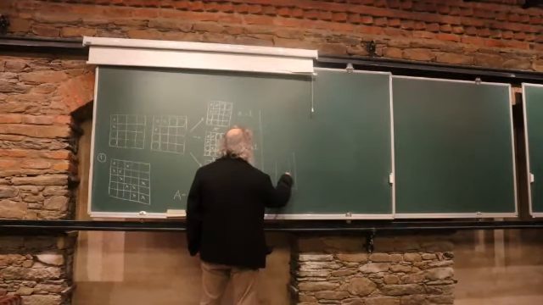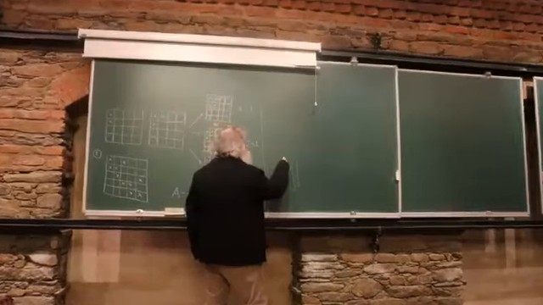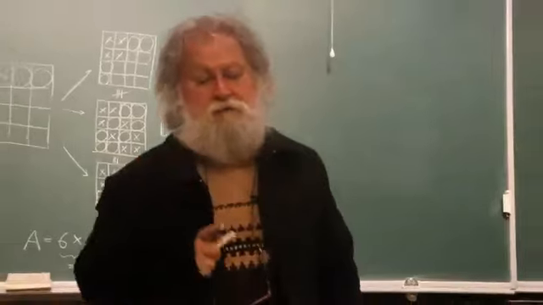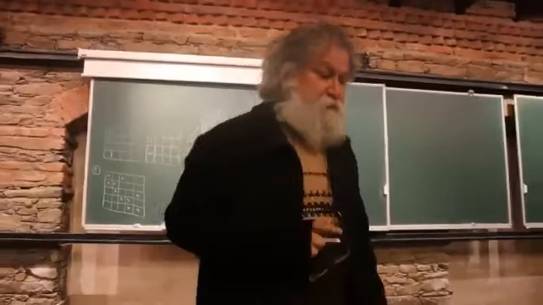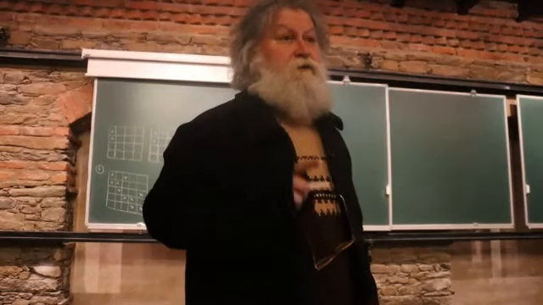In the locker room, you have 100 lockers like this, numbered from 1 to 100. Each locker has a number from 1 to 100. And each student has a number from 1 to 100.